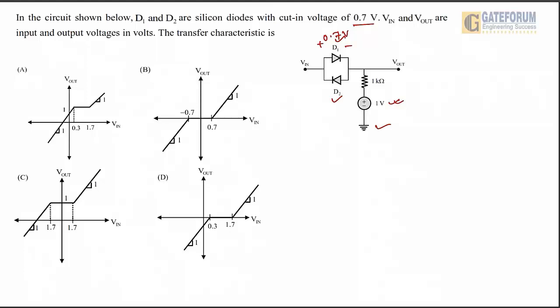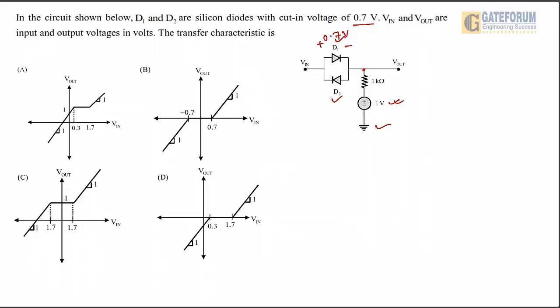So as per the polarity minus plus minus plus, their voltages will be added together, and this is giving here when V input is greater than 1.7 volt, then only D1 diode will start to conduct.